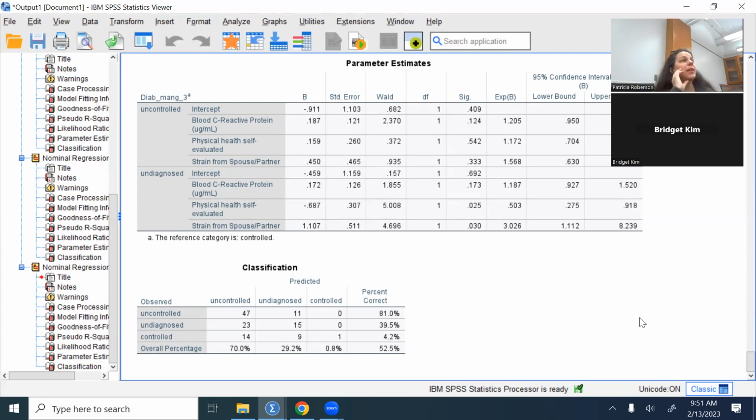Based on what you read in the module, talk me through what you are seeing in this last table. It's above 50% overall, so you seem to be doing better than chance. What is chance? If there's three values, what's chance? 33. It was kind of a trick question, isn't it?